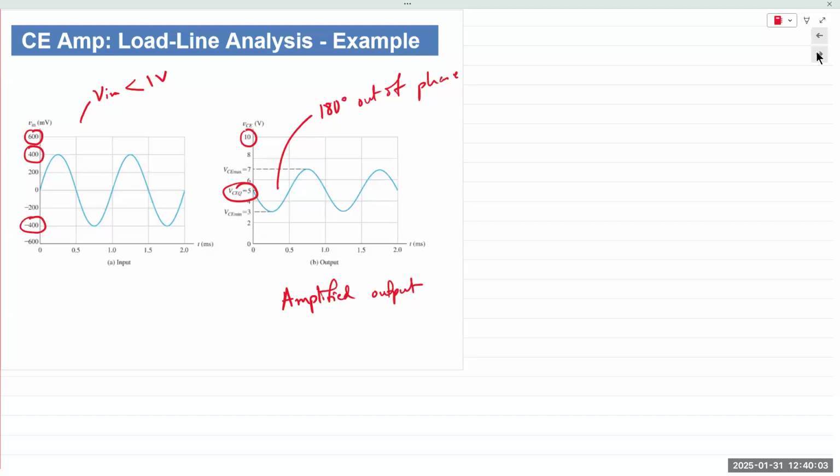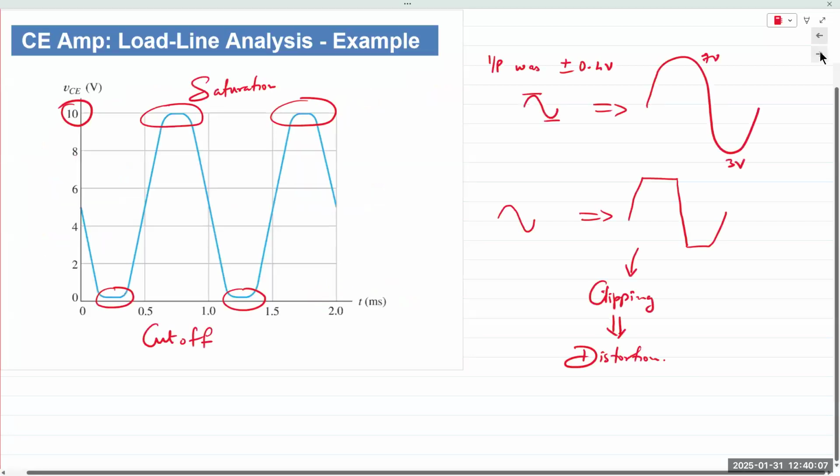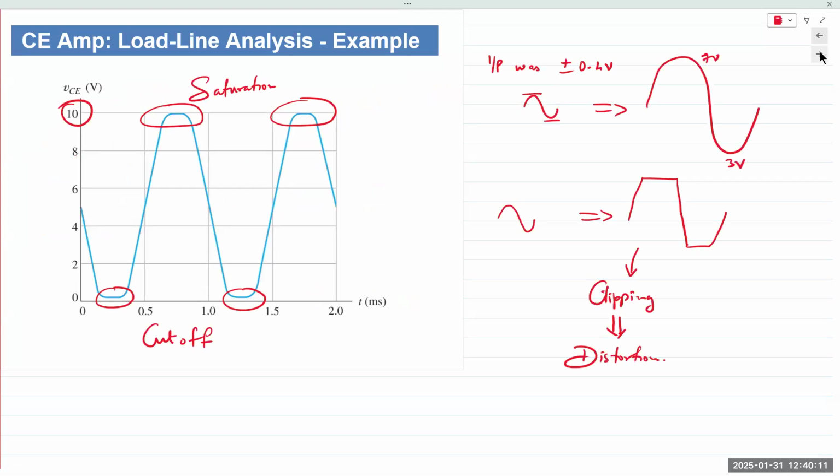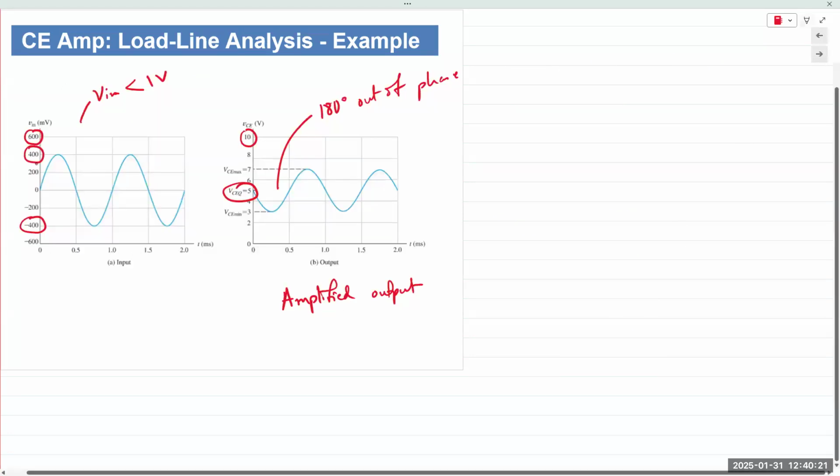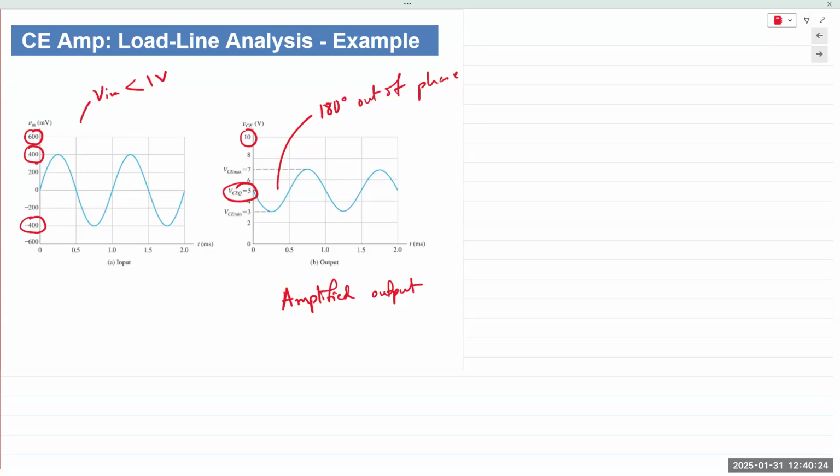Now, however, if you drive the transistor into an extreme, meaning if your input is large, what happens then? Remember, we are applying, sorry, not plus 4 volts, but 0.4 volts.